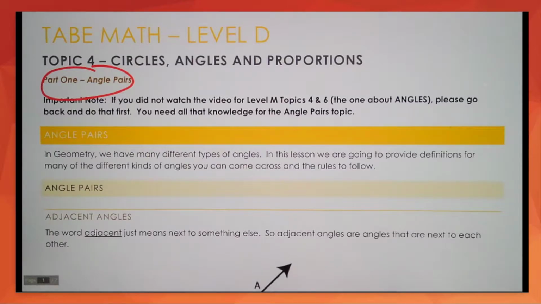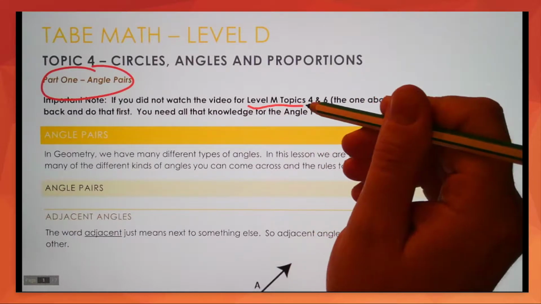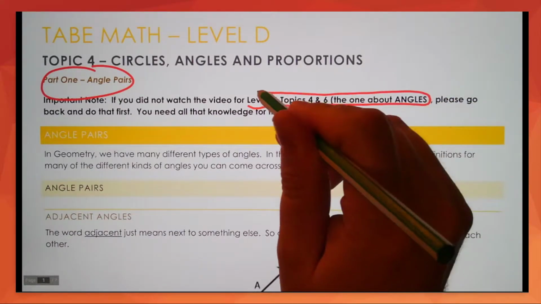The second thing that we need to take note of is that we talked about angles before. There was an overview or an introduction to angles, how angles are formed, how you read angles, and how you write the symbols for those angles, and that was in level M, topics 4 and 6. That was the name of the video, and there was a section in that about angles.